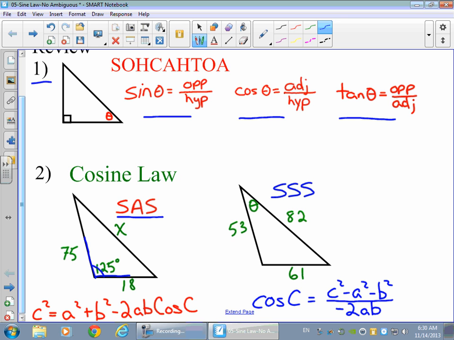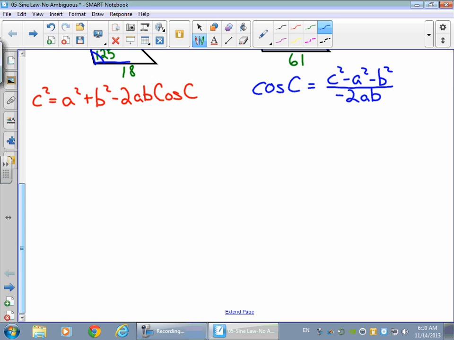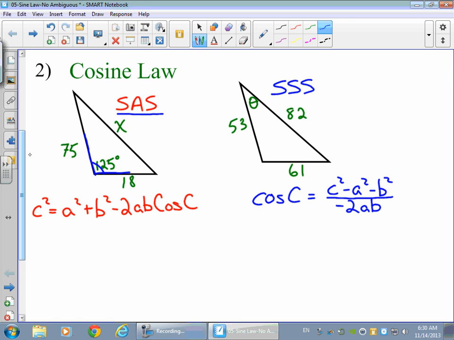And if we have side angle side in that order, we can use the cosine law in its normal form. Again, the numbers just go in, 75 squared here plus 18 squared. And you'd just be able to punch that straight into a calculator.